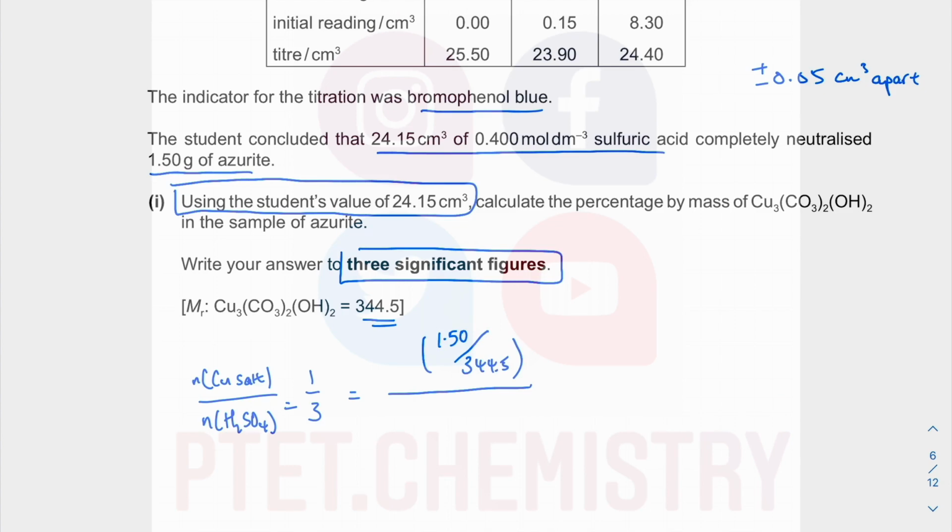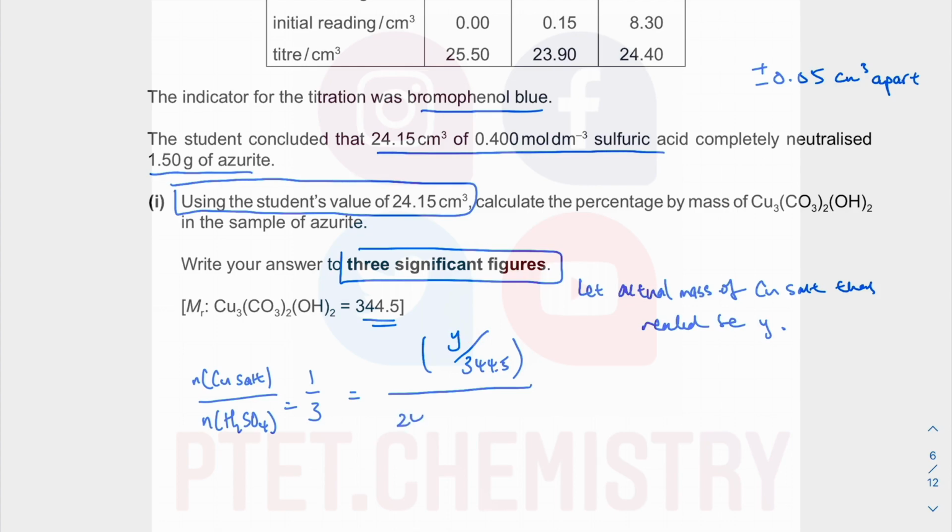And then the acid that you used was, hang on. Okay, so if I let the actual mass of the copper salt that reacted be Y. So I get Y gram of the azurite actually reacted.